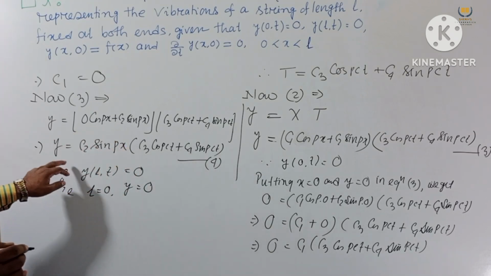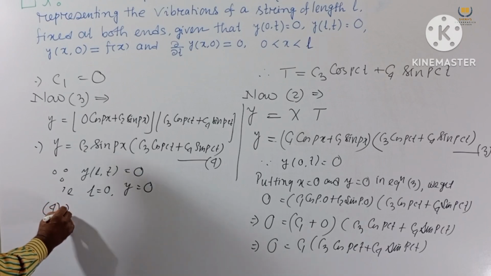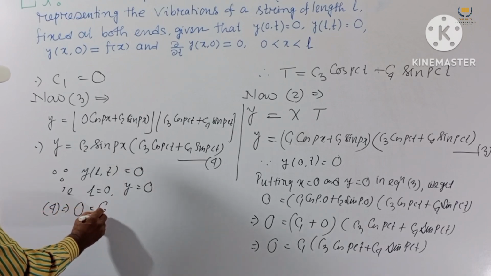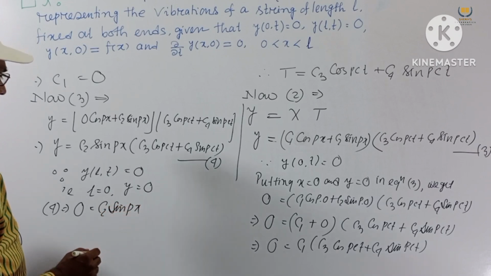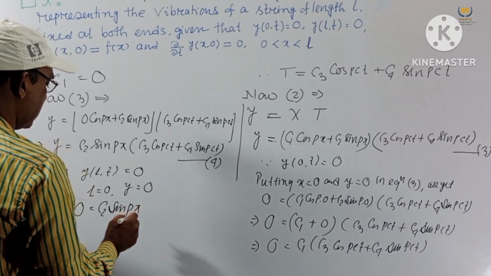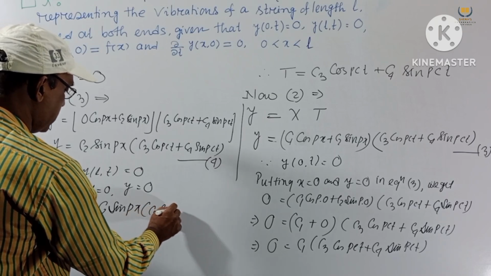So putting this value here, number 4 implies 0 equal to c2 sin px, and c3 cos pct.